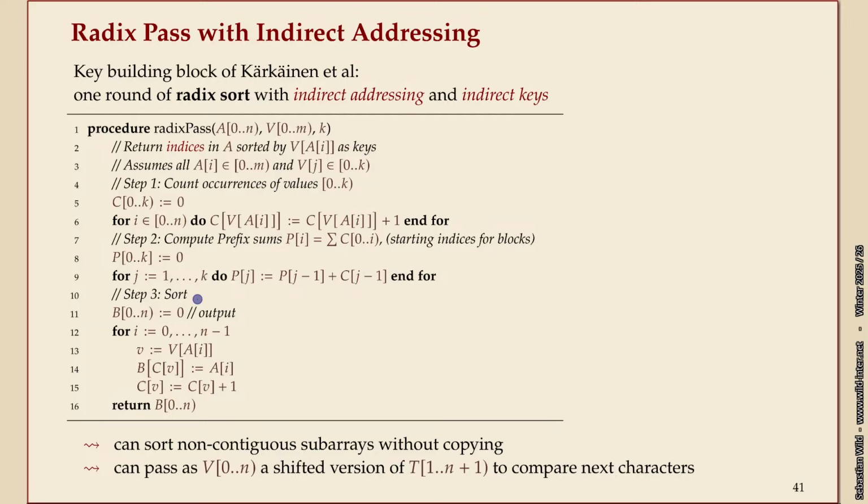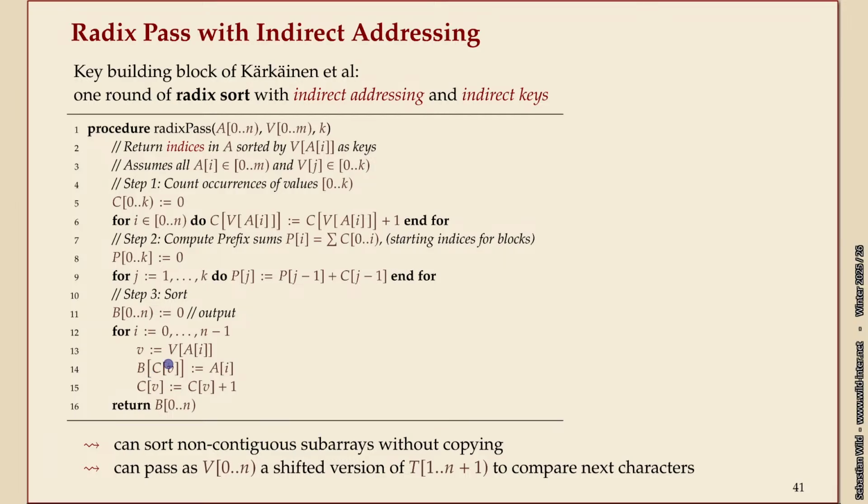And then for the sorting, we create a new array B as output where we put the indices in. We go through the unsorted input and write that value at the right position. What we really write is the index of that value into the position in B.